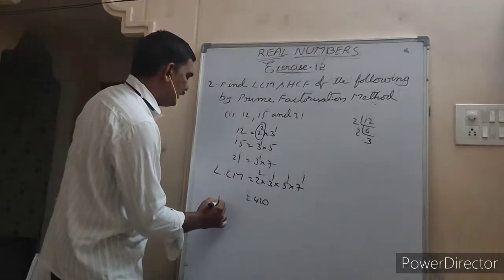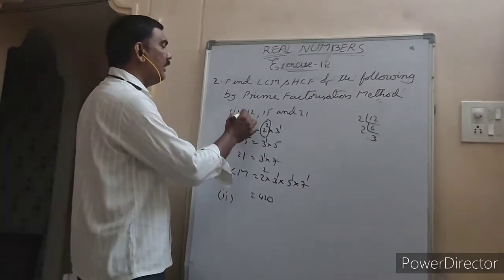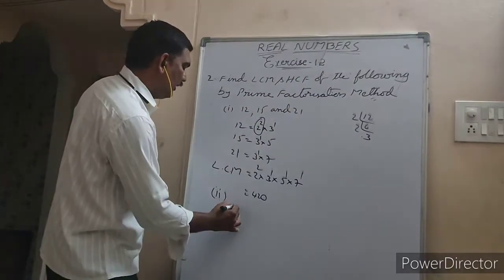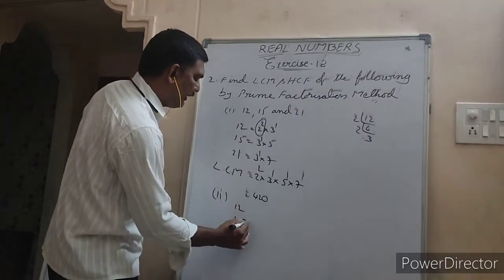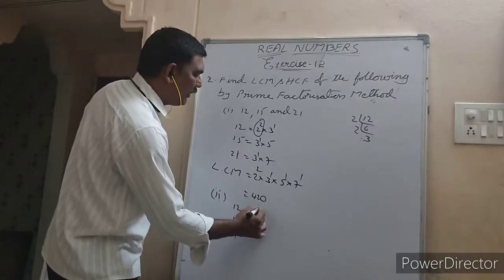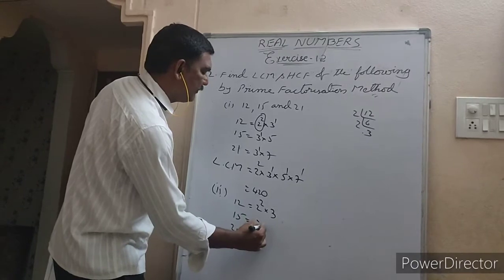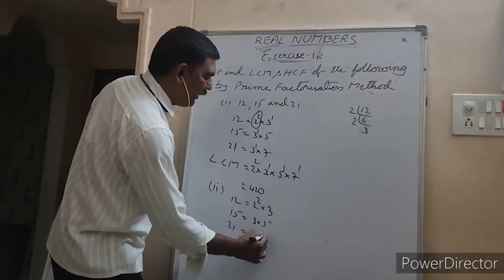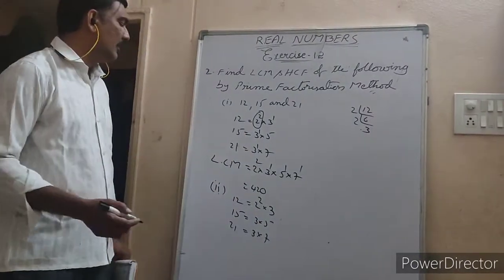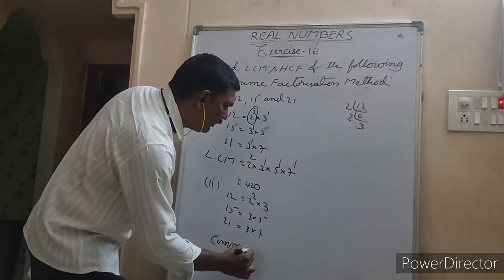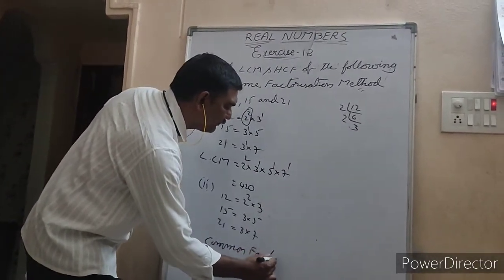Next, the second question. In this one you have to find the HCF for 12, 15 and 21. Again, write 12, 15, 21 as products of prime numbers. And next you have to find the HCF. First, common factors.